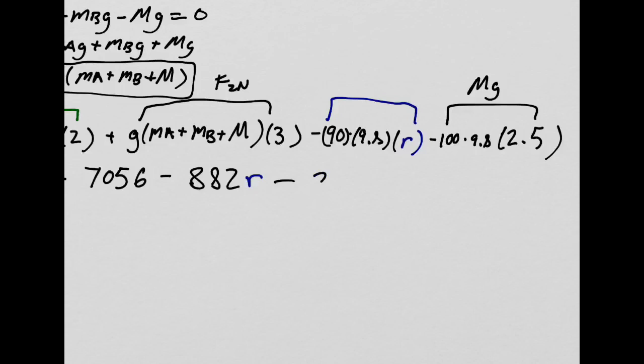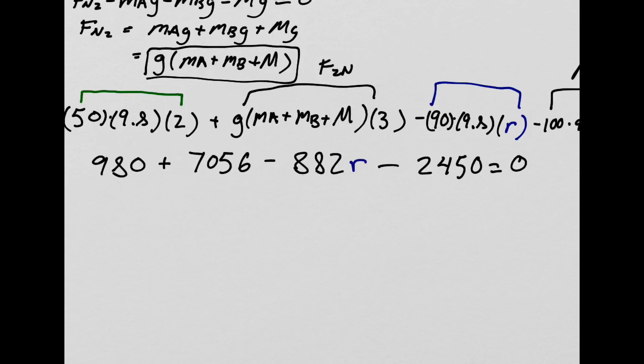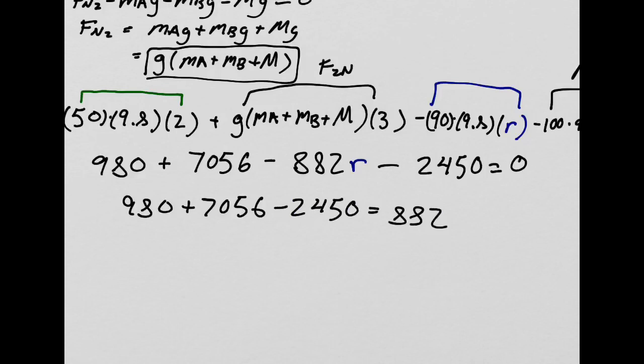That equals 0. So 980 plus 7056 minus 2450 equals 882 times blue R. That's 5586 equals 882R.